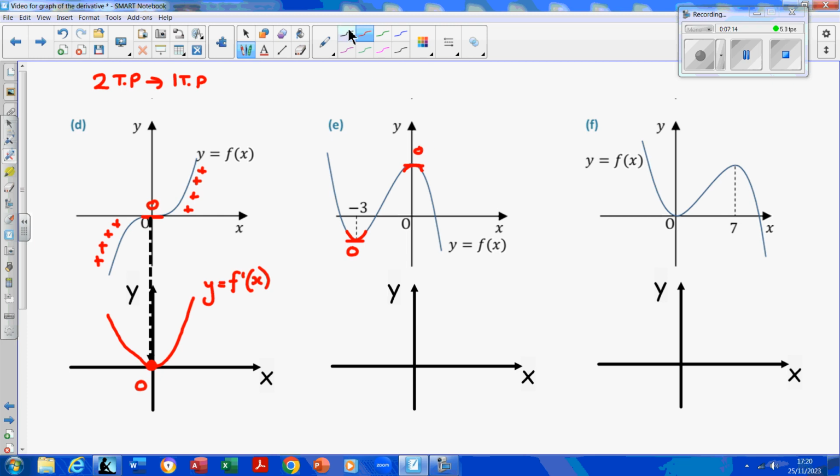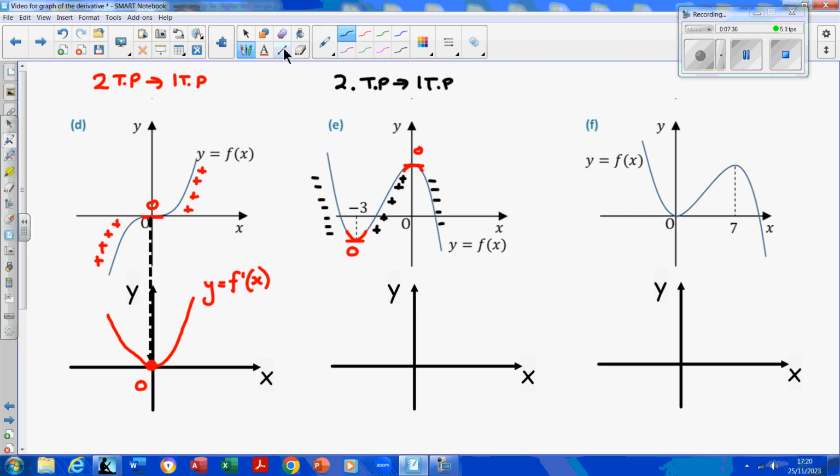We'll look at the signs. So it's going downhill here, so it's negative. In between the 2 turning points, it's going uphill, so it's positive in all of those ones. It gets to 0, and then it starts to go down again. So we've got 2 turning points, and they go to 1 turning point, so I'd expect just a parabola.